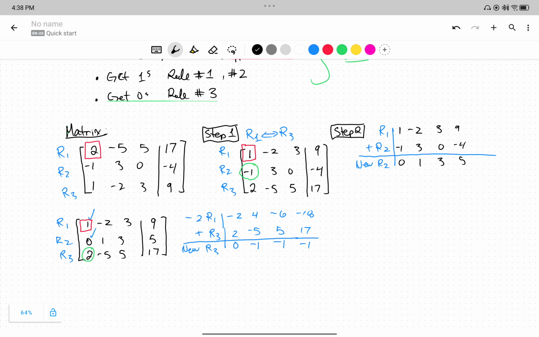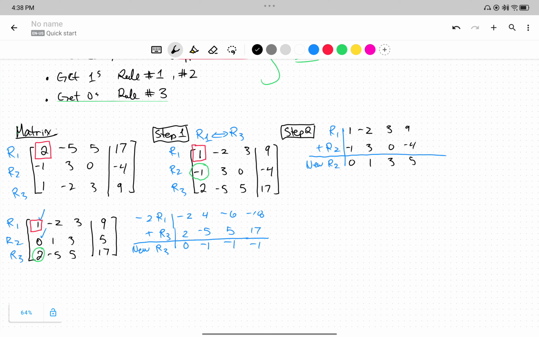All right, so this only affects row number 3. So that's your new row 3, so let's put it there, 0, -1, -1, and then -1.